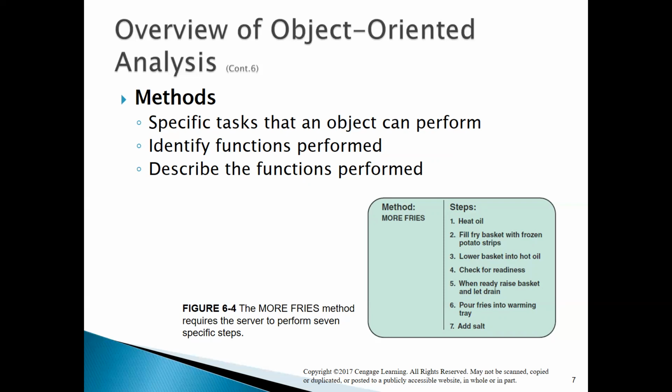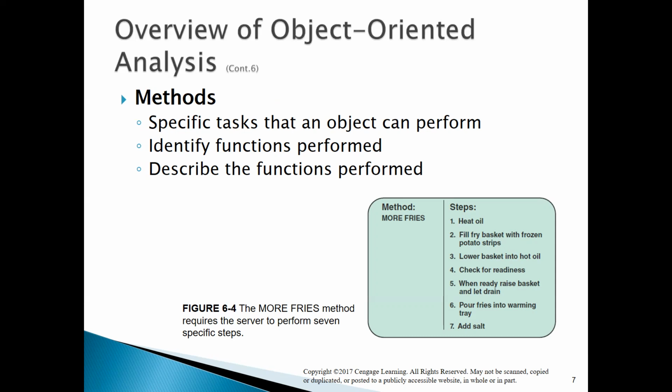So methods are specific tasks that an object can perform, and they identify all the functions that are performed and describe the functions performed. So if I have to sum it up, a method is basically a specific task that an object needs to perform, and how it is performed is all listed in methods.